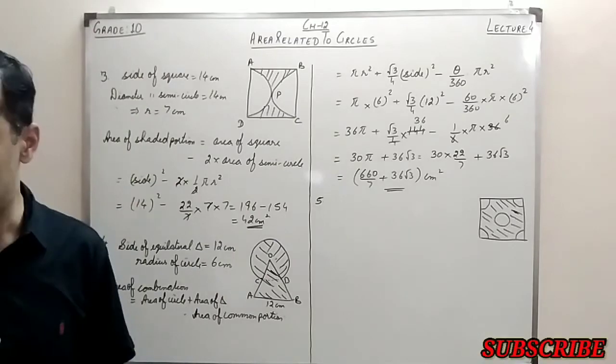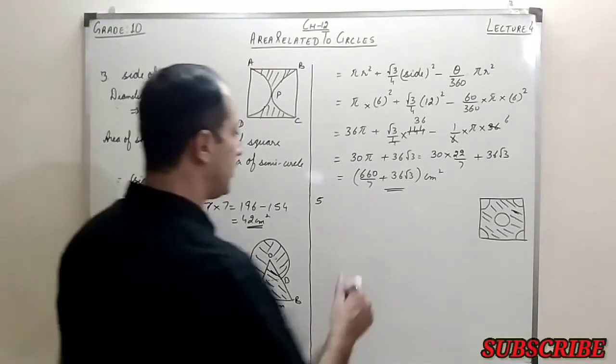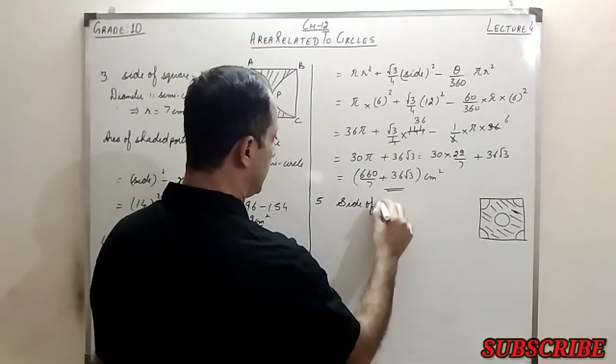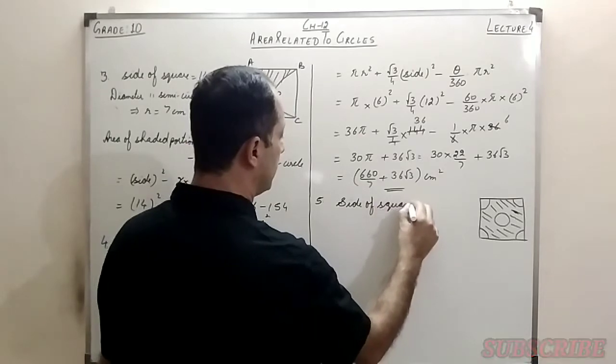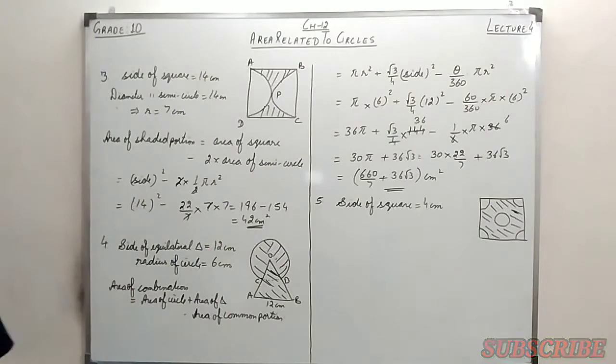Now what is given to us in the question? It is given that the side of the square is given to us as 4 centimeter. What else?